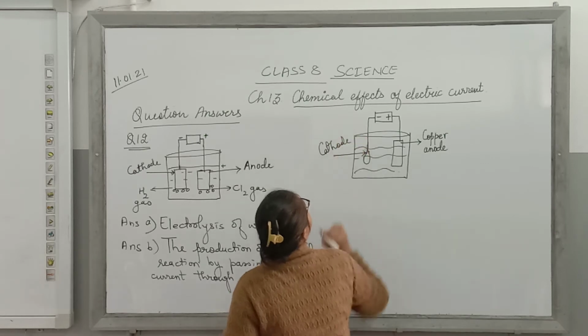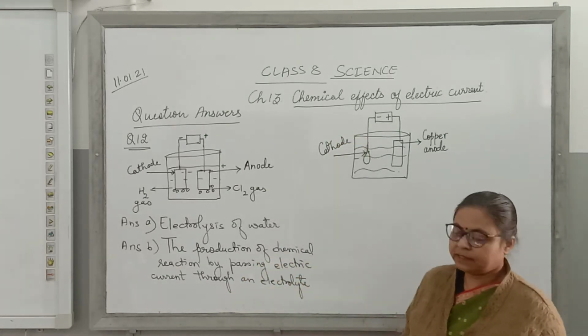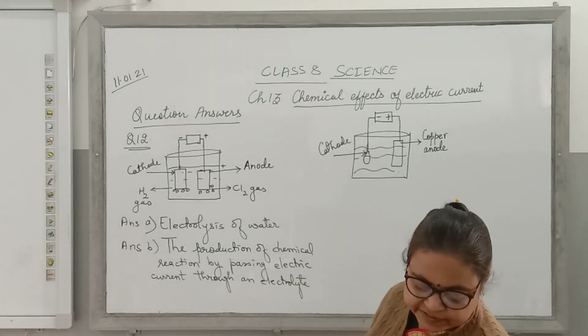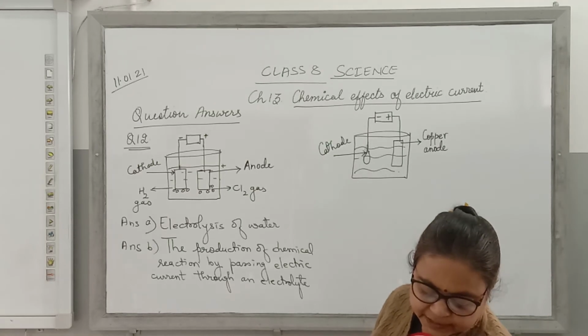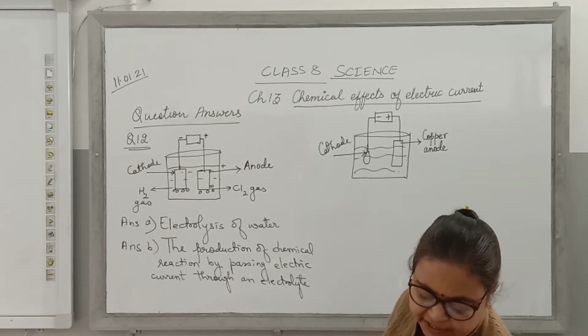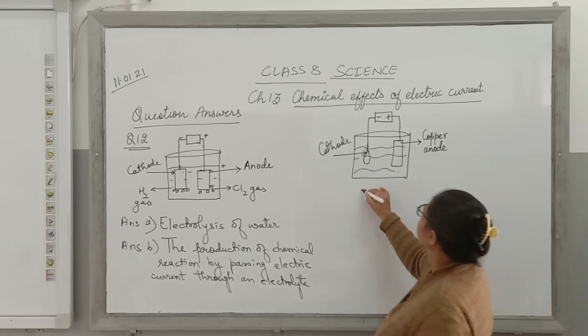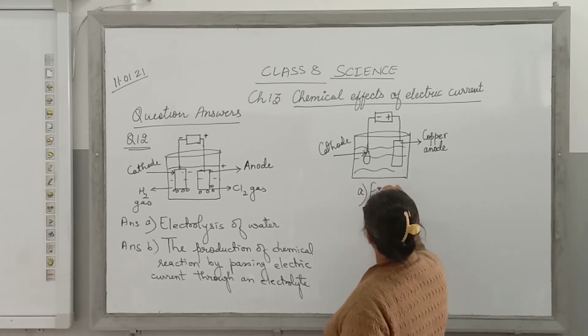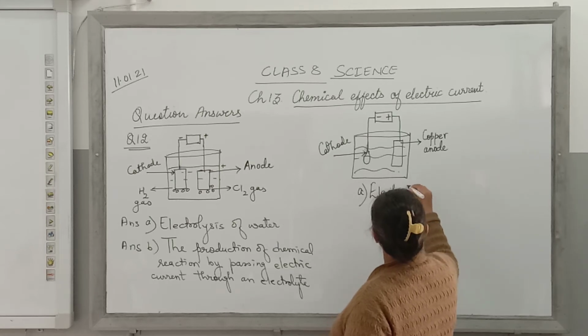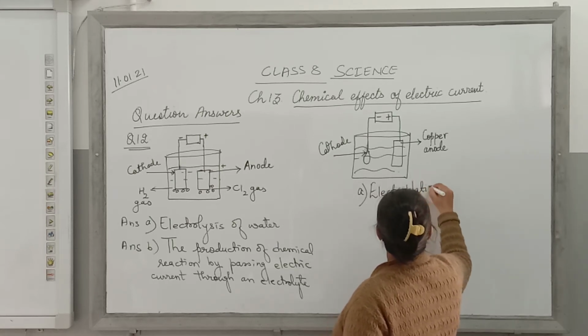This is cathode. Then there are two questions asked. Which process is being demonstrated in the figure? This is electroplating.